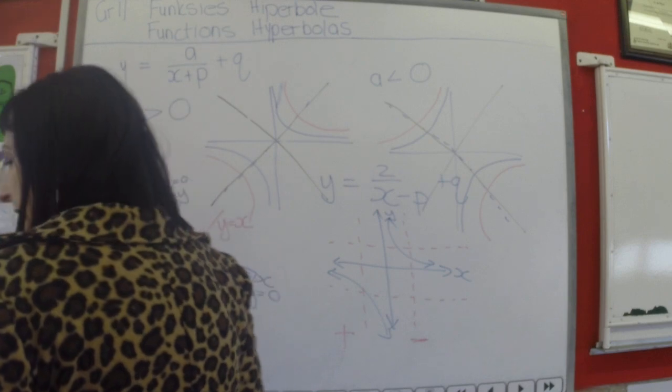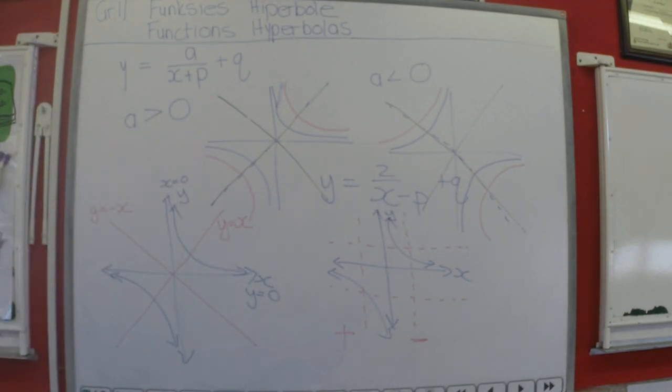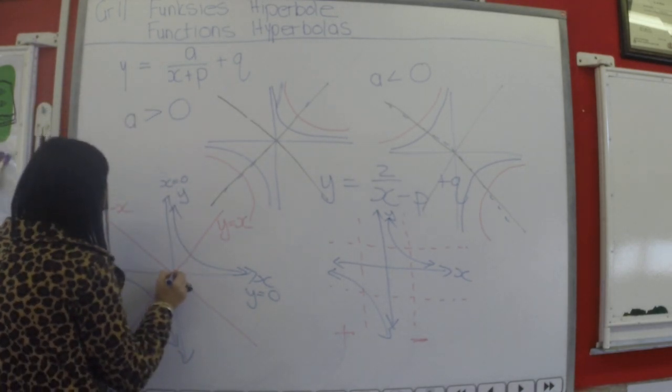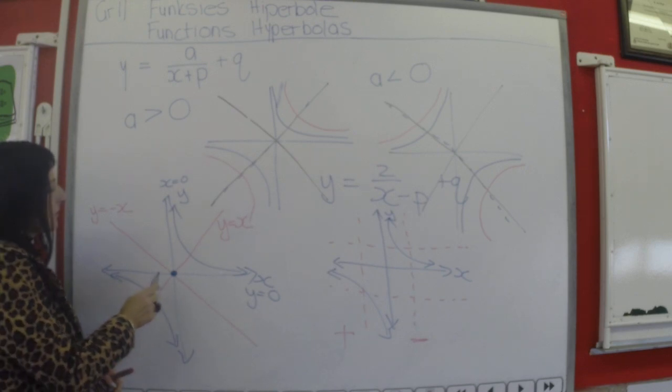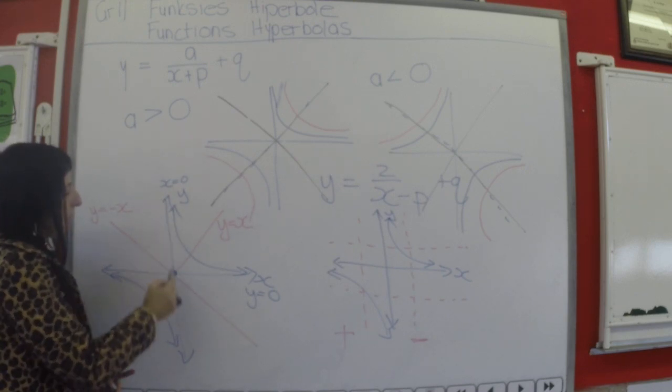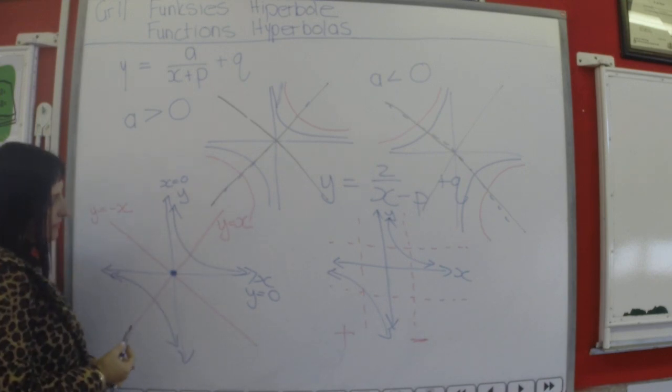Nou wat belangrik is, onthou nou, this is the origin. So as ek my moeder funksie het, dan sny my asymptote mekaar by die oorsprong, sowel as my symmetriese asse.